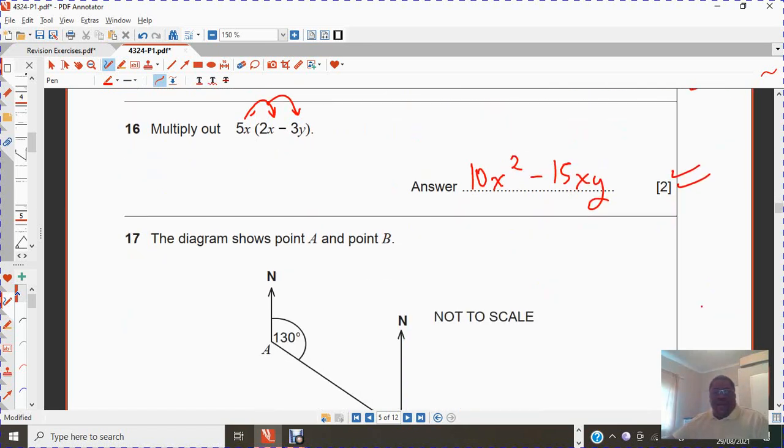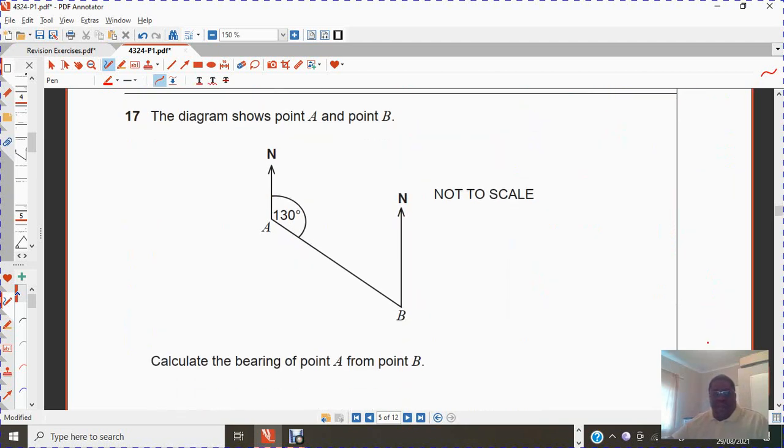Right, then 17. The diagram shows point A and point B. Calculate the bearing of point A from B. So that means you go to B from the north line, always in that direction, the clockwise direction. In order for us to find the angle we're looking for, this theta that I have indicated is nothing but 50 degrees.